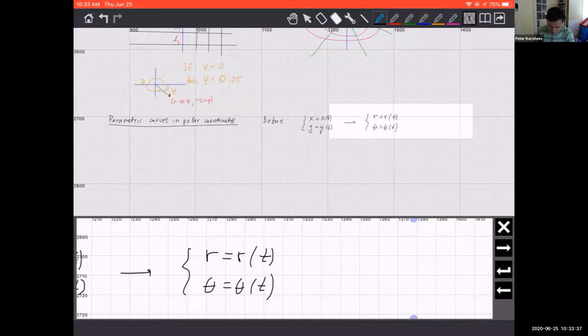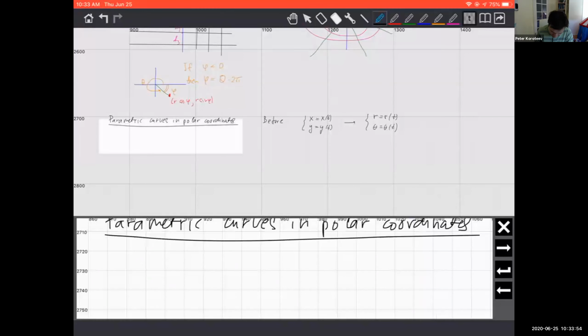However, for a lot of applications, it's convenient to use theta itself as a parameter. It won't give you all the possible curves, but as we'll see later, it will cover a big subclass of them.